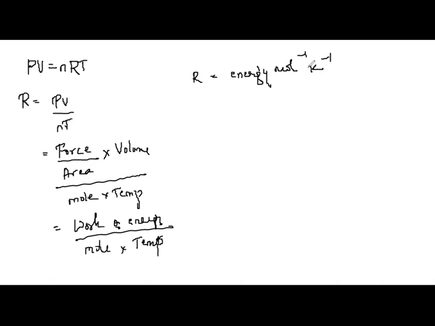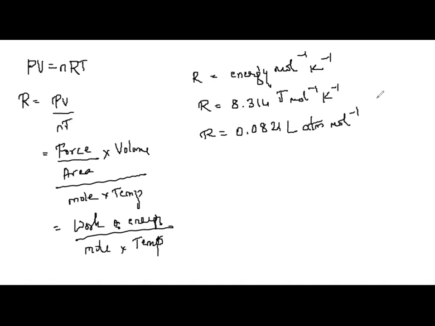Since there are different values for R, you can write different values for R. For example, the SI unit of R is 8.314 joules per mole per Kelvin. This is the SI unit of the universal gas constant. One more commonly used value is R = 0.0821 liter atmosphere per mole per Kelvin.